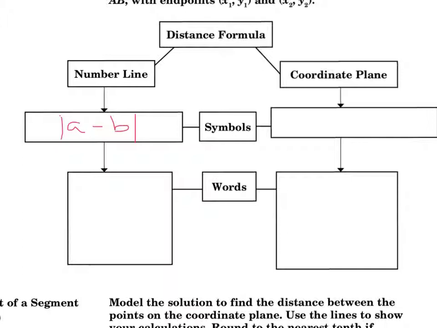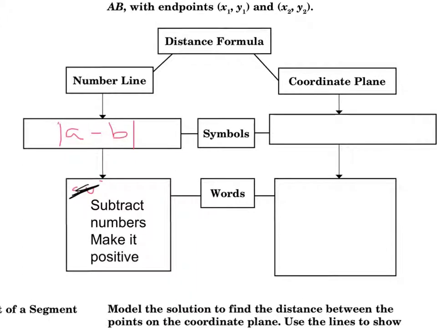In words, you need to subtract the numbers and make it positive. We'll do an example later on, but all you need to do is just that, or you could count.